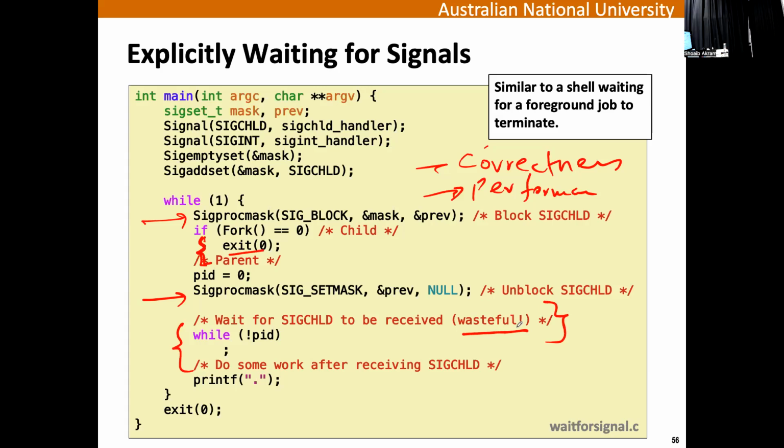You have a while one, you are checking the PID variable, and the signal handler will set PID greater than 0, and you will exit the while loop once you are done. This is a good way to reap the foreground jobs in a shell.